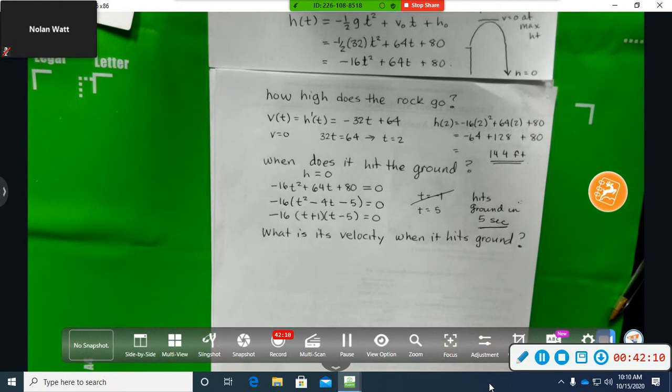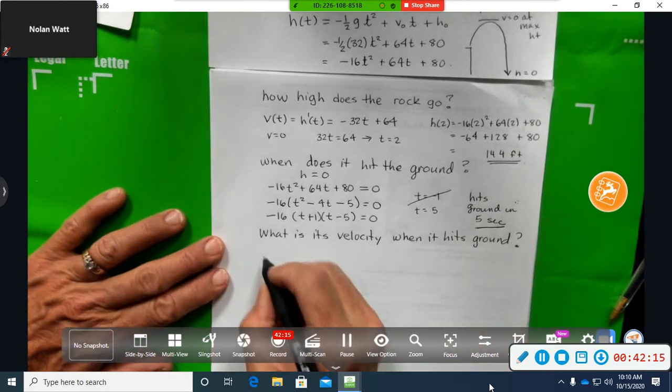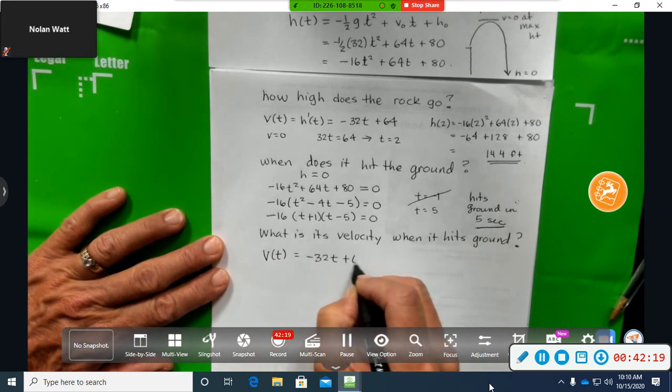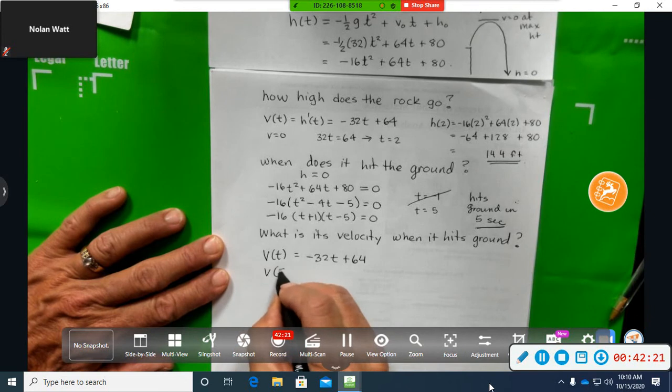So the velocity when it hits the ground should be a negative number. Let's go to our velocity function. That was the -32t plus 64. And we want to know that value when t is 5.